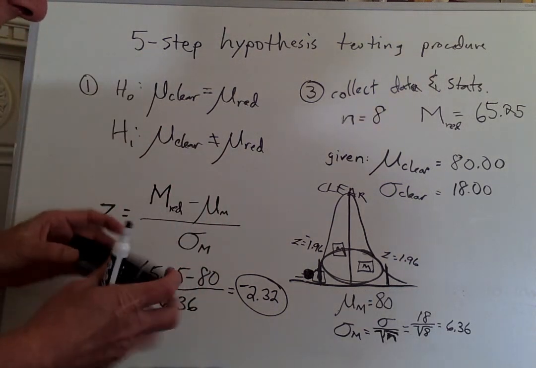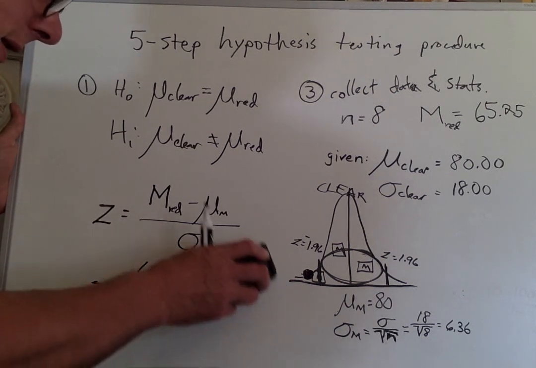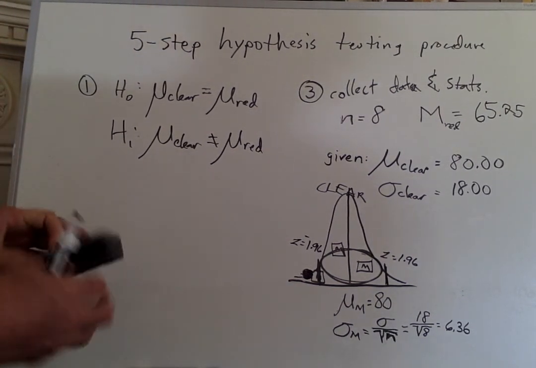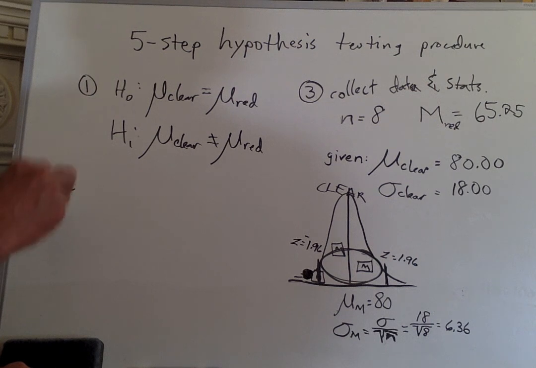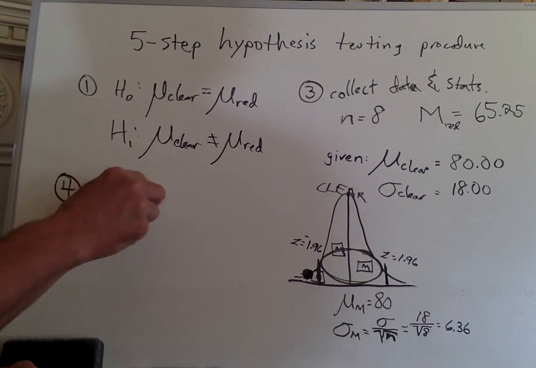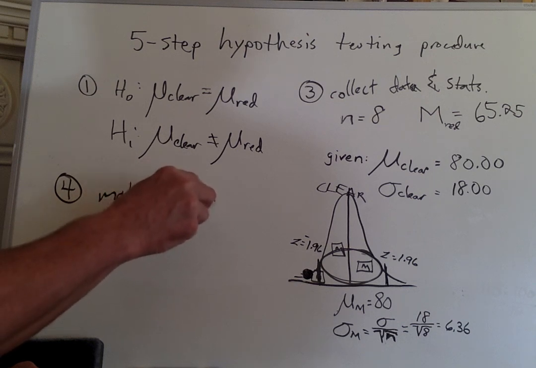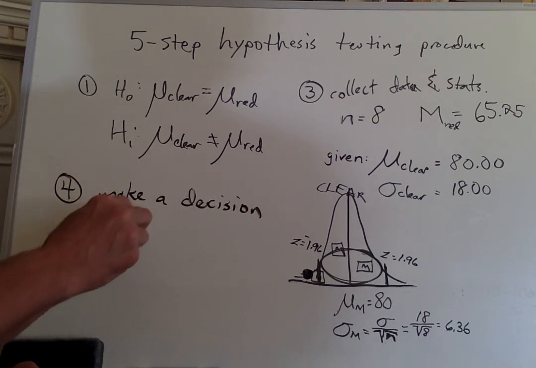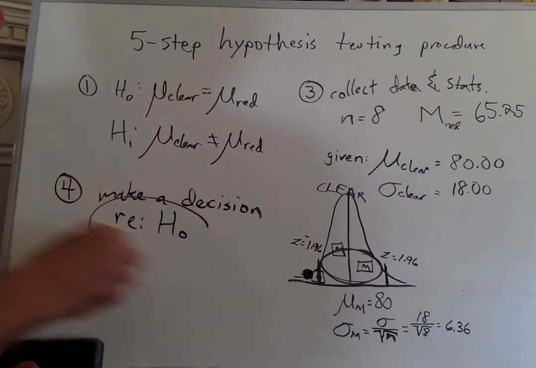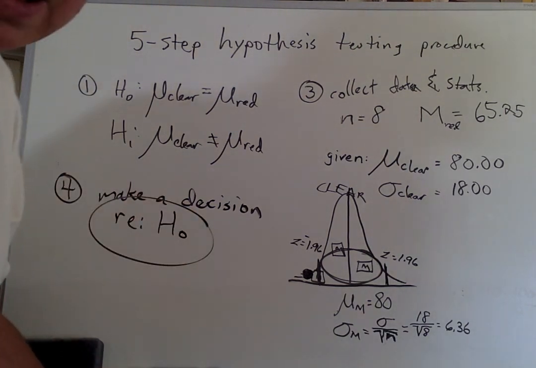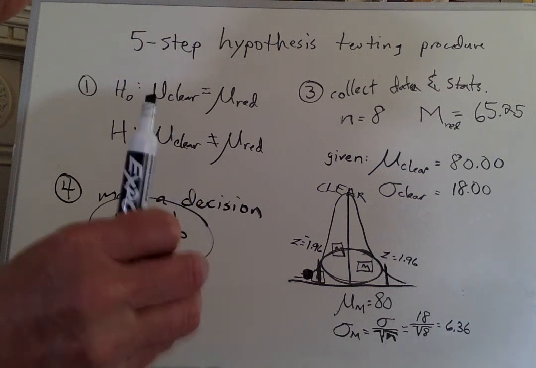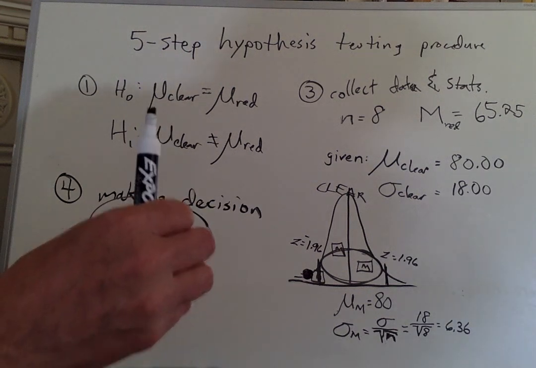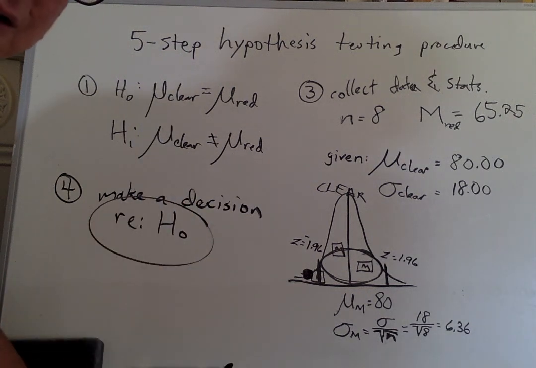So we have to make step 4. Step 4 is make a decision regarding the null. Okay? We're always going to make a decision relative to the null hypothesis.